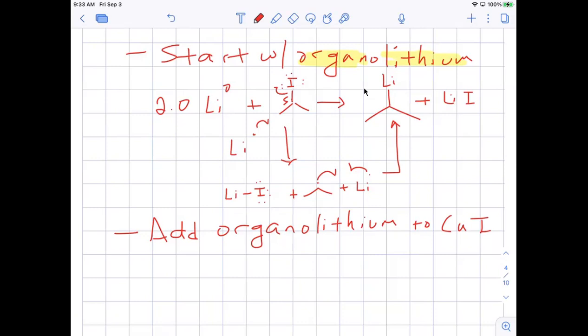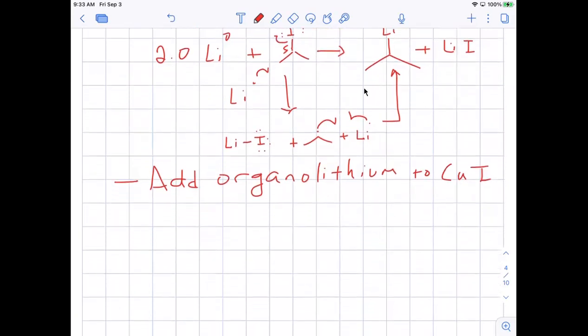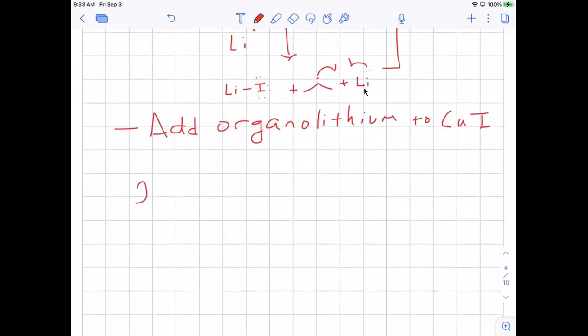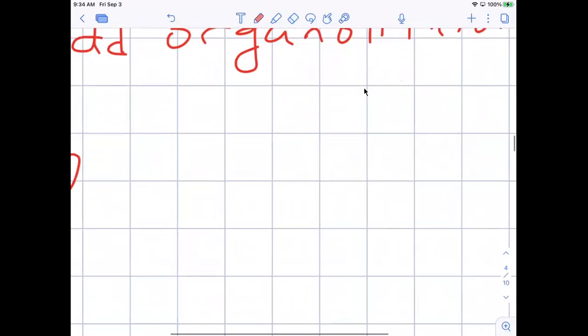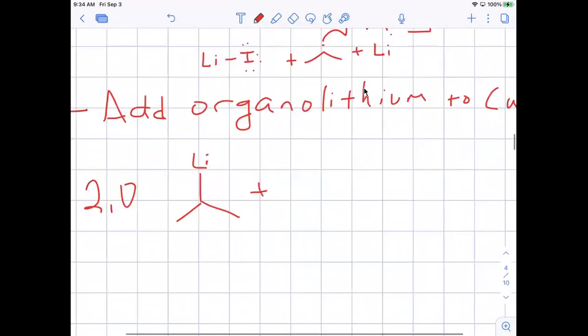All right, so I want to take 2 of my organolithiums that I made up top, 2 of those plus copper iodide.